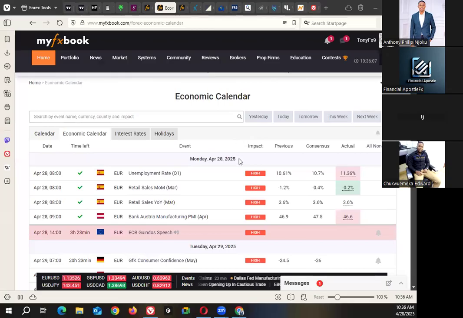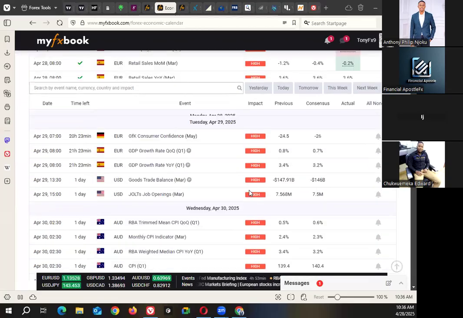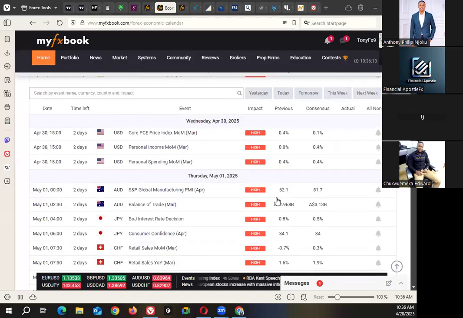Then, diving into the week, we have also on Thursday a global manufacturing PMI for AUD. The higher figure is good for AUD, the lower figure is bad for AUD.